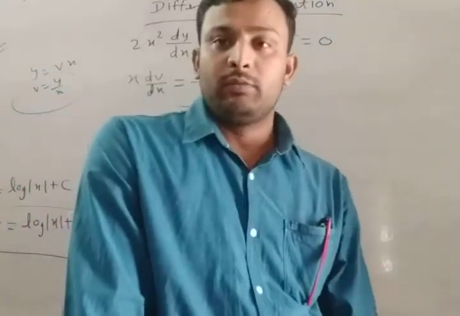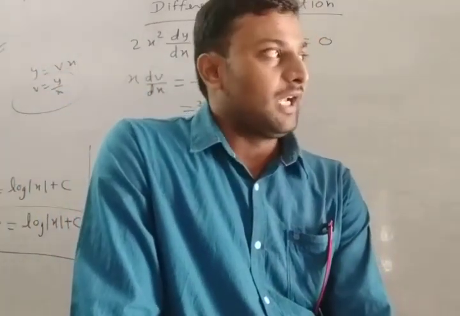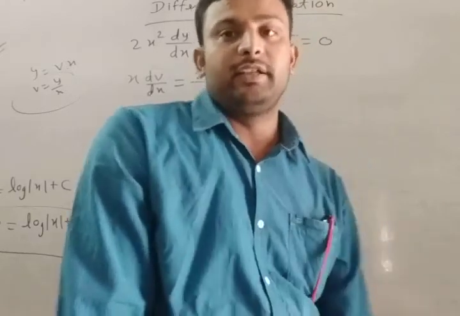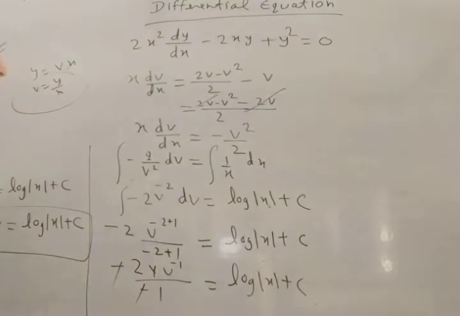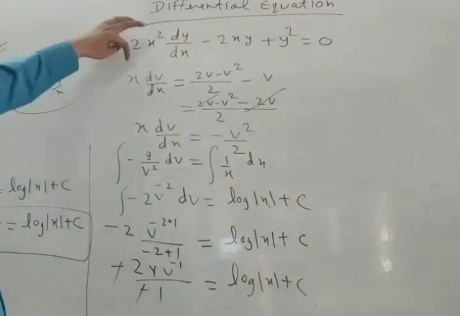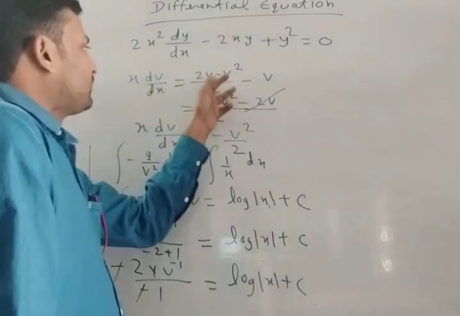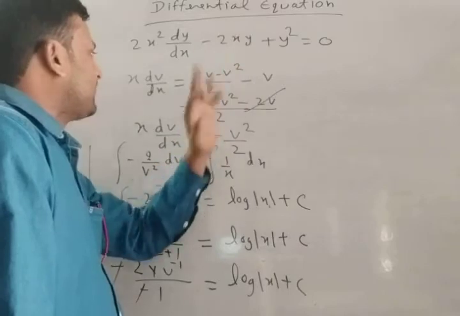Then after solving we get x dv by dx is equal to 2v minus v square by 2 minus v.